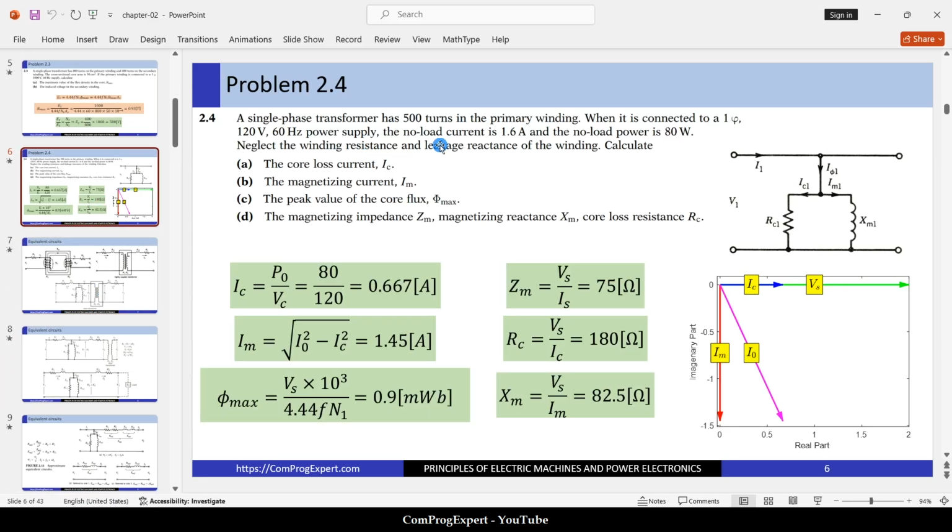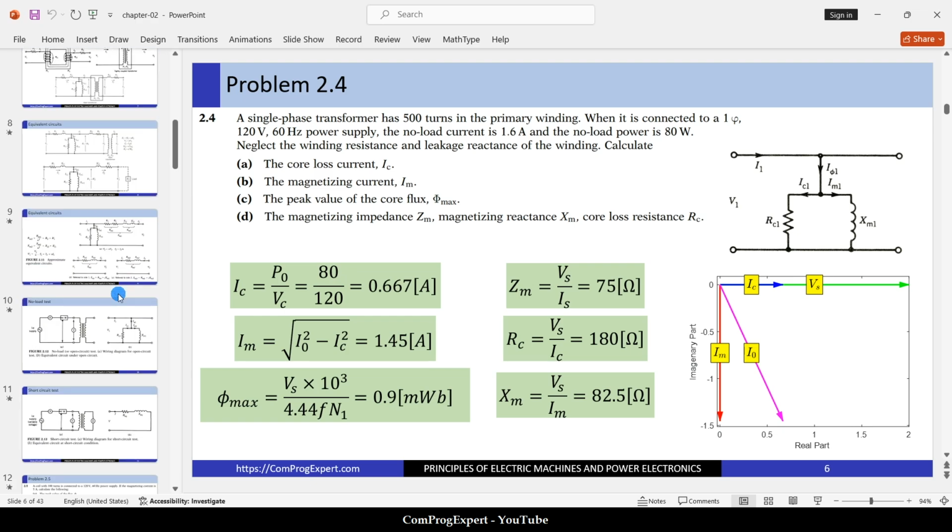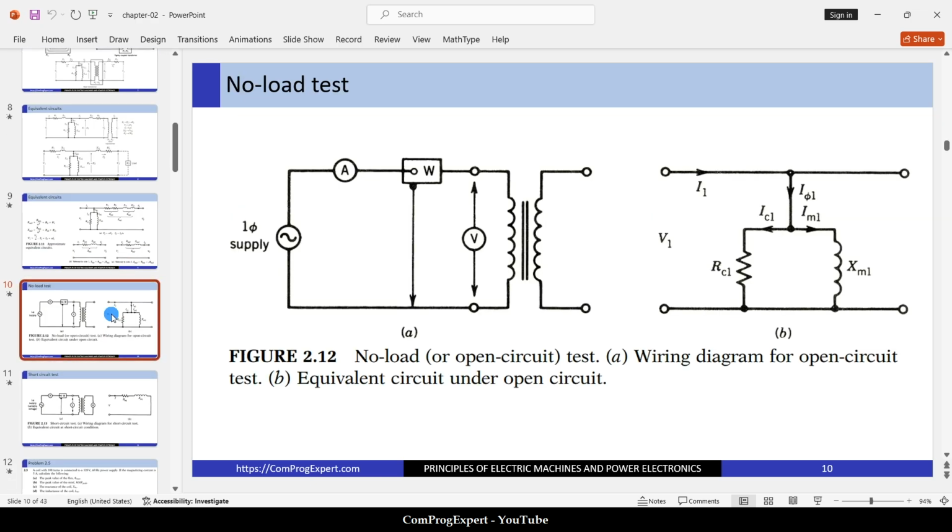In this problem, we use the no load test to calculate the equivalent core resistance and the magnetizing inductance. So here is the case. We apply voltage to one coil of the transformer and increase the value of the voltage up to the rated voltage of the coil.